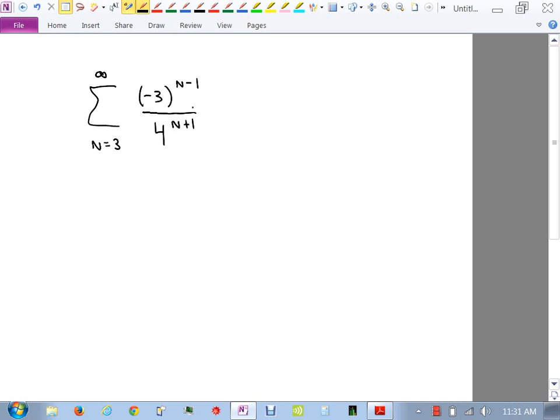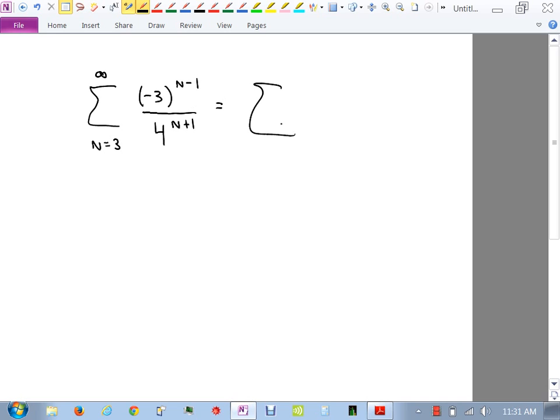All right. You can do both the numerator and the denominator, right? Mm-hmm. You can rewrite it as negative 3 to the n times negative 3 to the minus 1, and then the denominator 4 to the n times 4. I agree. Since you have things raised to powers, it's looking like maybe geometric if we can get things to look right.